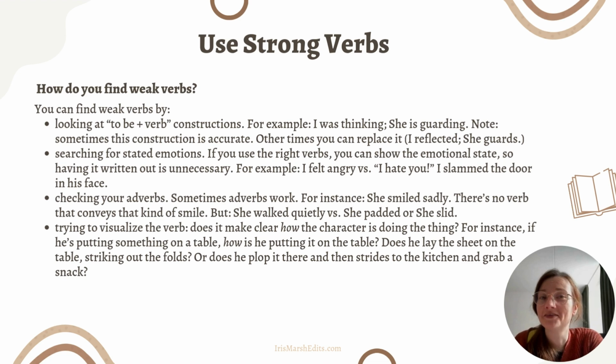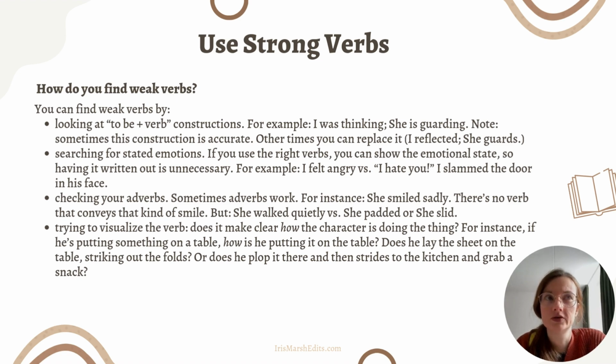There's no verb that conveys that kind of smile that I know of. But if you have, for instance, she walked quietly, you could also have she padded or she slid or she snuck, whatever. If you try to visualize the verb, that's also a way to get a sense of whether it's a weak verb.